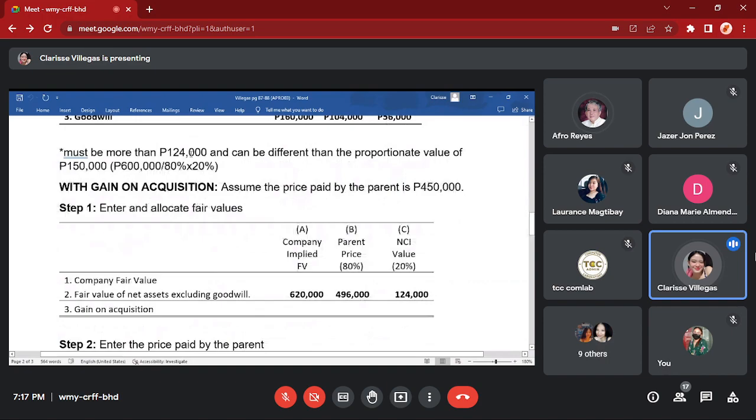Must be more than 124,000 and can be different than the proportionate value of 150. 600 divided by 80% times 20%.